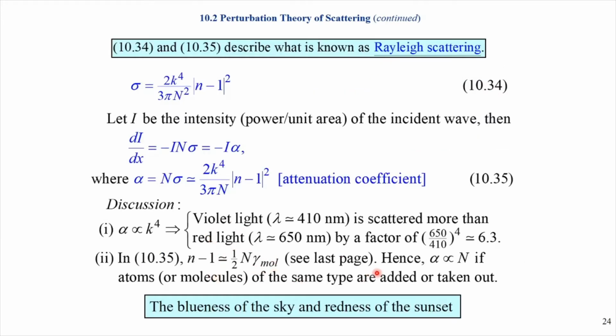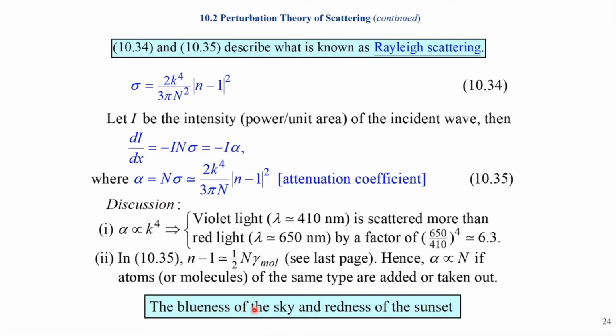Hence alpha will be proportional to n. We have n squared here, and we have n in the denominator. Therefore, alpha will be proportional to number density, of the same types that are added or taken out.